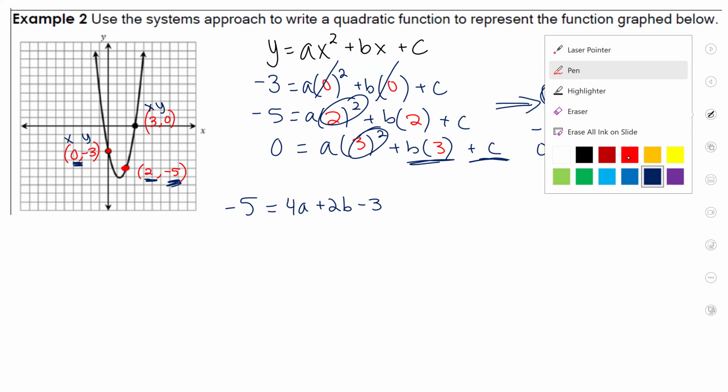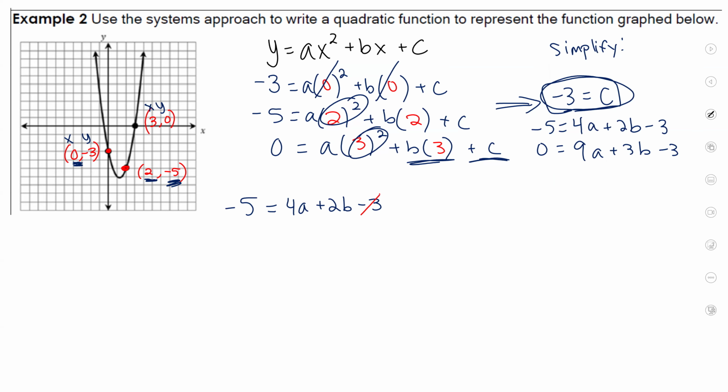I'm going to move this negative 3 over. So add a 3 to both sides. And this equation will become negative 2 equals 4a plus 2b. That's one of the equations I'm going to work with. Put a star by it. We got it down to 2 variables, a and b.